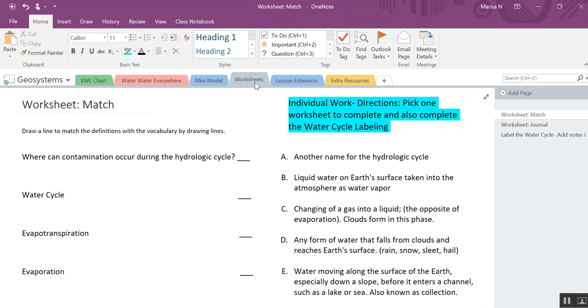Students will return to work on individual worksheets while the mini models are developing under the sunlight. I've provided students with two options for the first worksheet in the form of either a matching definition worksheet or a journal response. The matching worksheet allows students to simply write in the answers or use the draw application to draw connecting lines between terms and definitions.